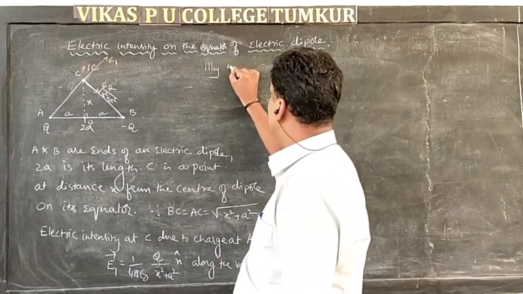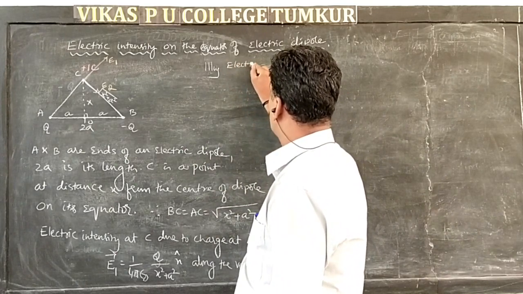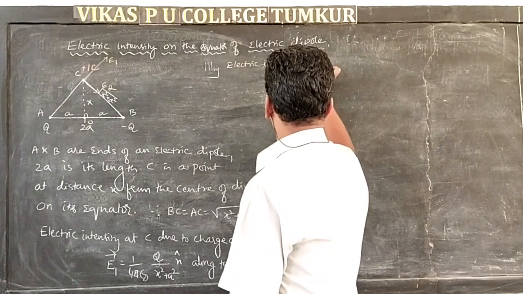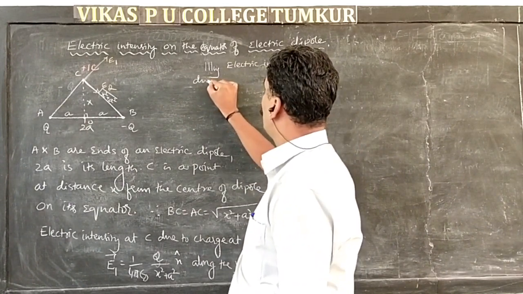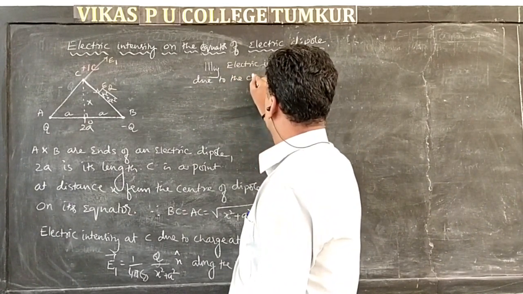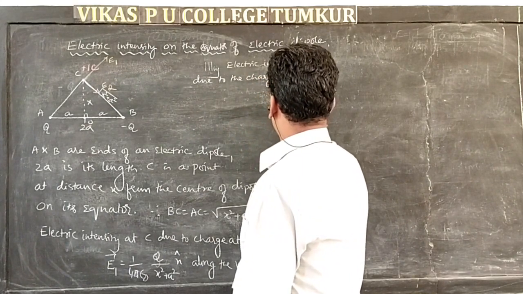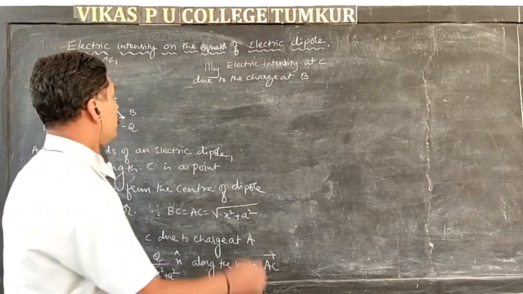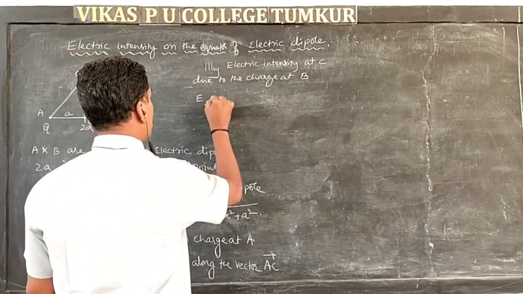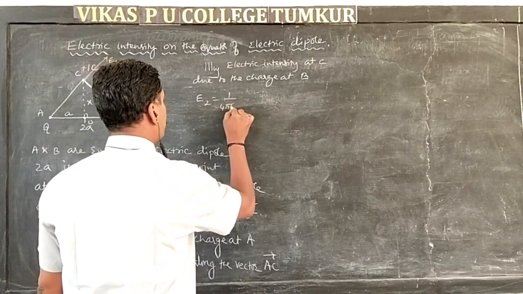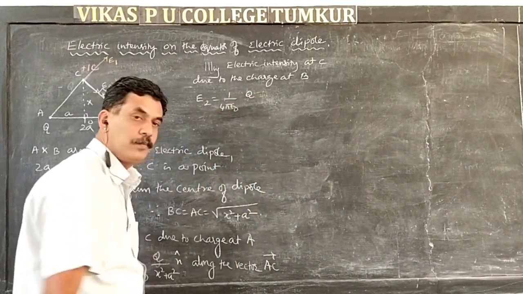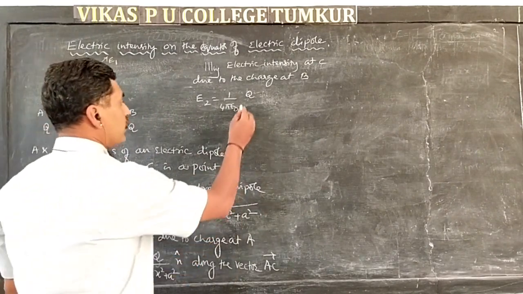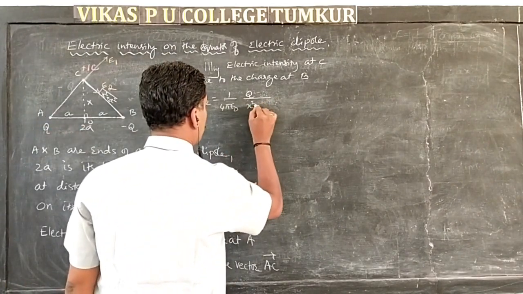So electric intensity at C due to the charge at B, I call it E2. I write it like this: 1 by 4 pi epsilon naught Q, the same magnitude by x square plus a square.